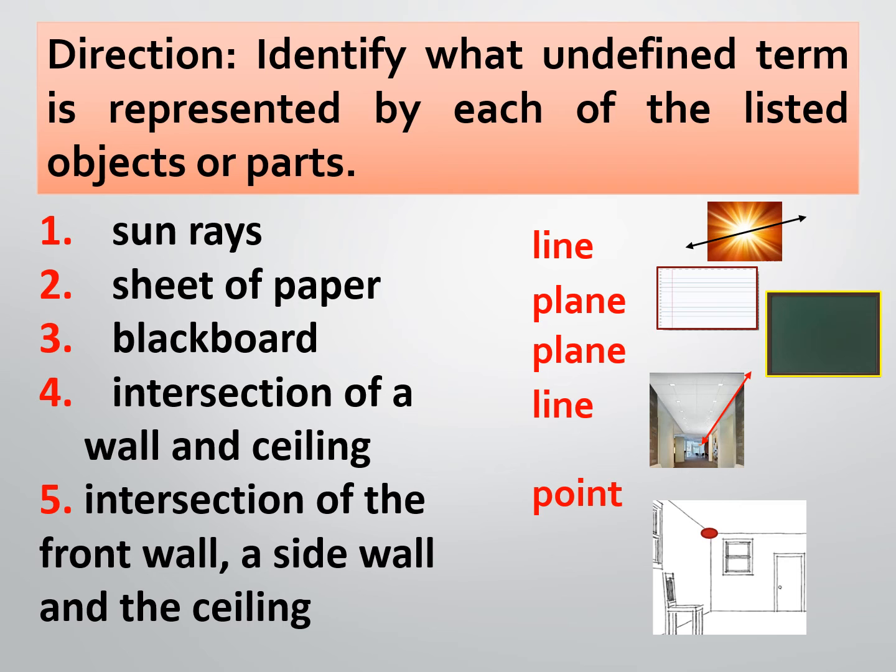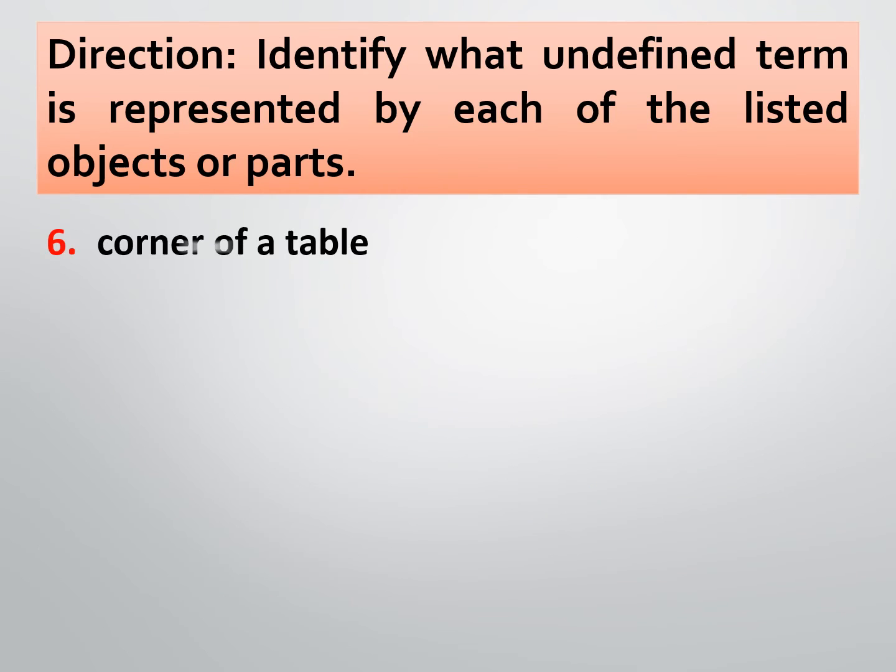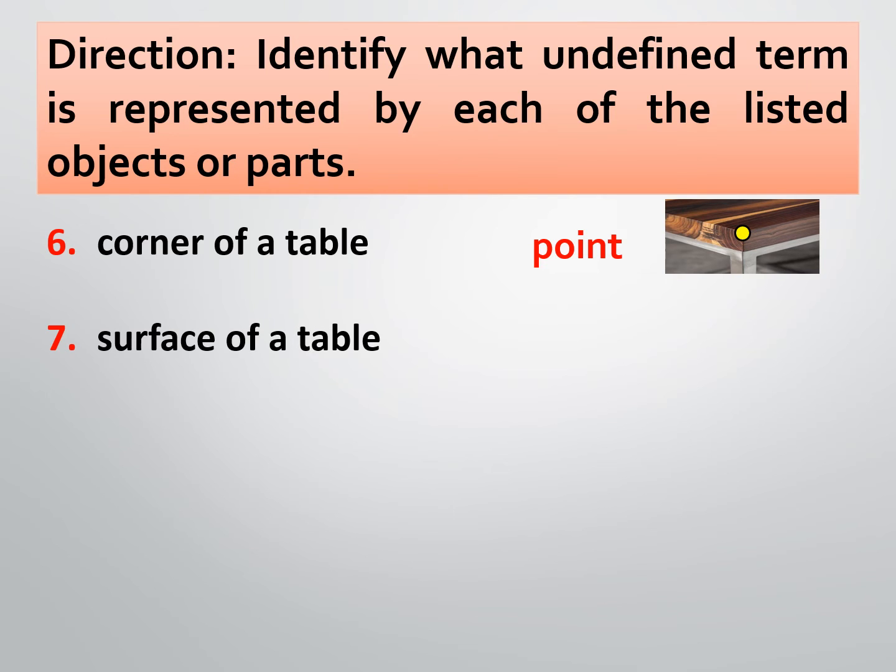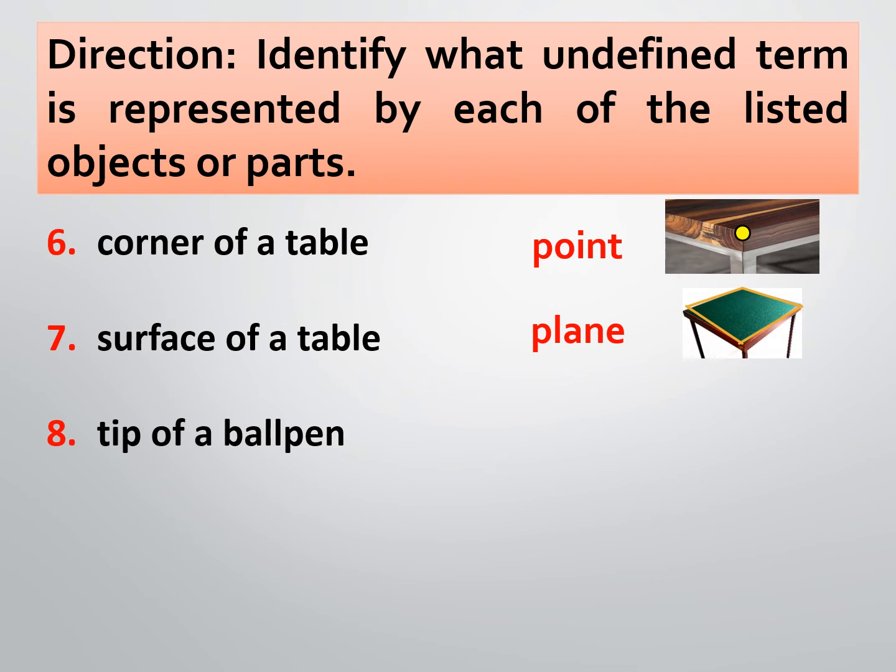Questions? None. Let's proceed. Corner of a table. That's a point. So the corner of the table is that one. Next, surface of a table. That's a plane. Tip of a ball pen.